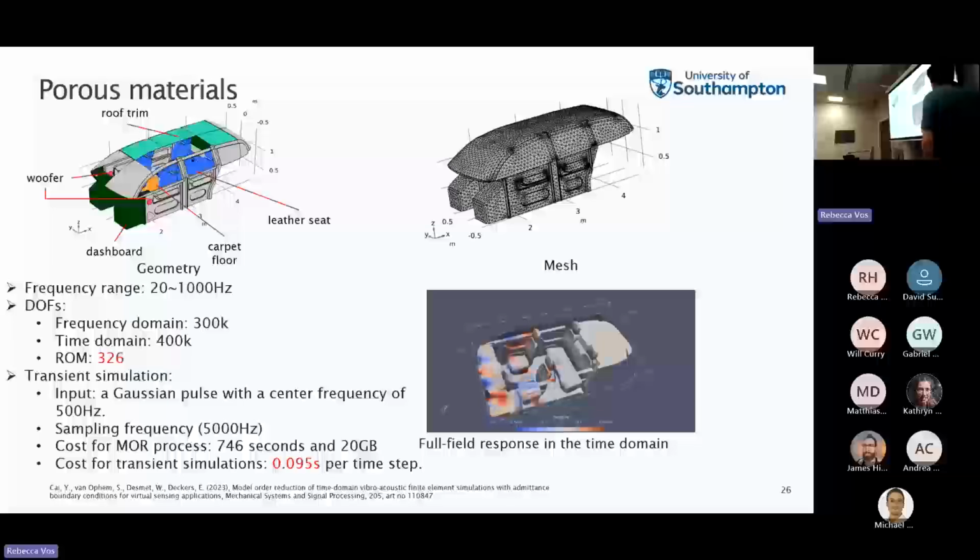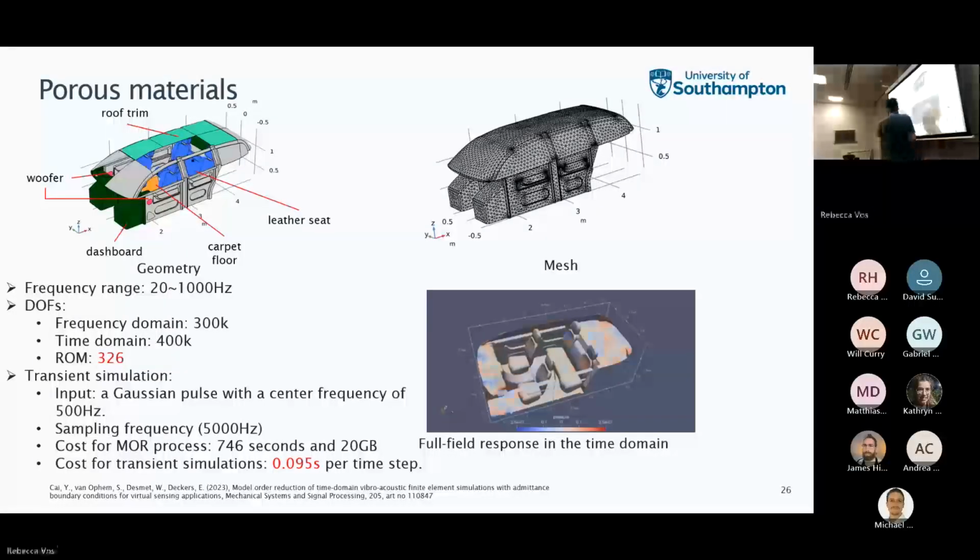And here I have an example of again a car cavity where we use admittance boundary conditions to model the leather seats, the carpets, and the roof. We did actually model with some structure, and we used a Miki model and a JCA model for the frequency-dependent impedance. And we can actually do this in the time domain now.